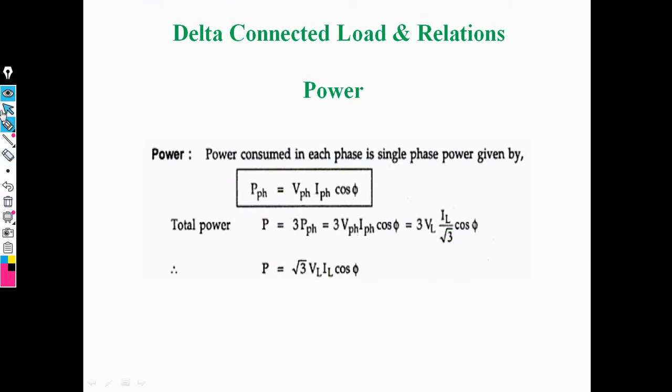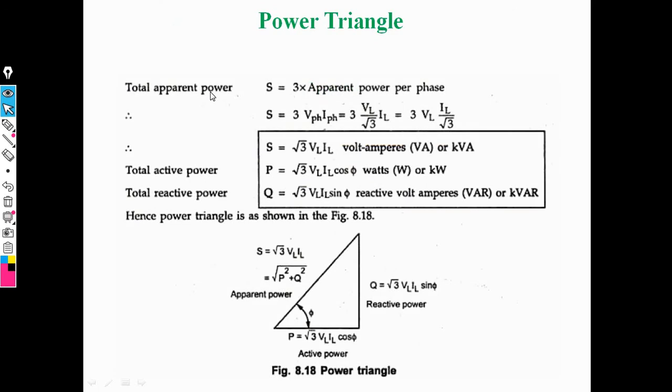Now we need the power triangle. This is the power triangle. The power triangle depends on apparent power, reactive power and active power. The apparent power, with symbol S, is defined in terms of active power and reactive power.